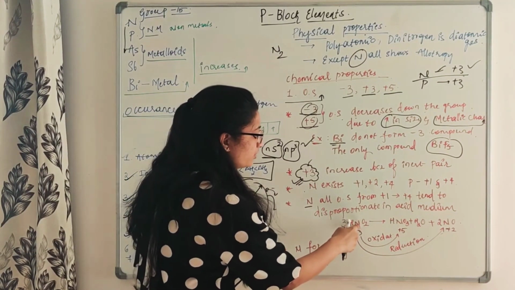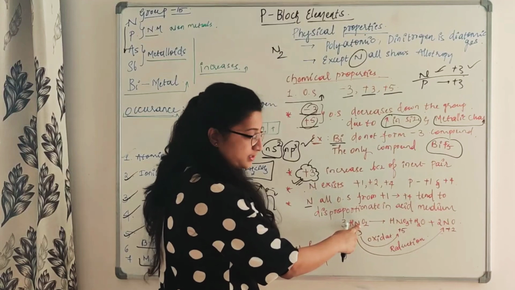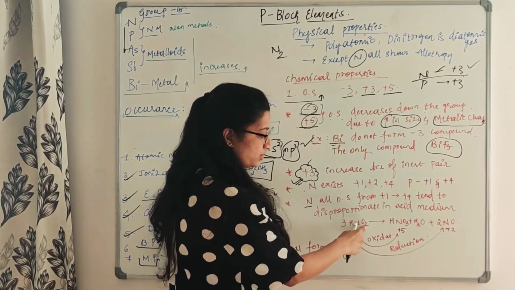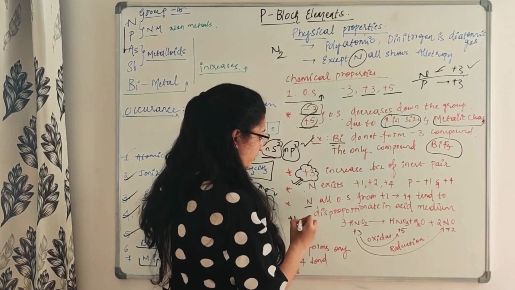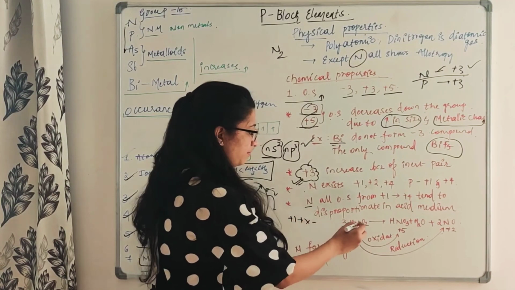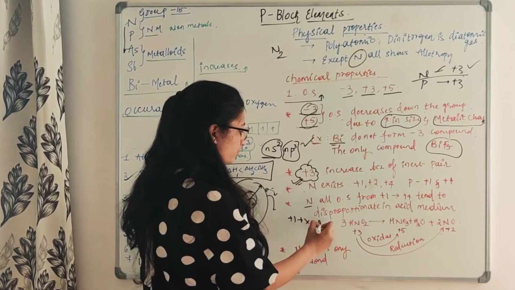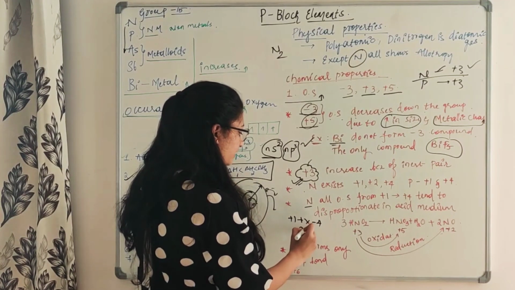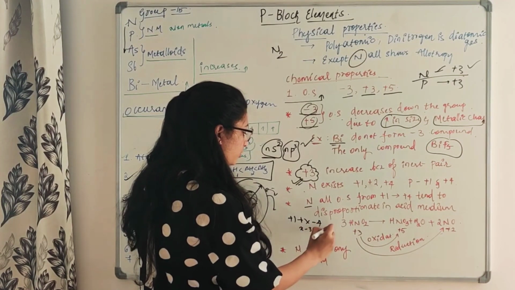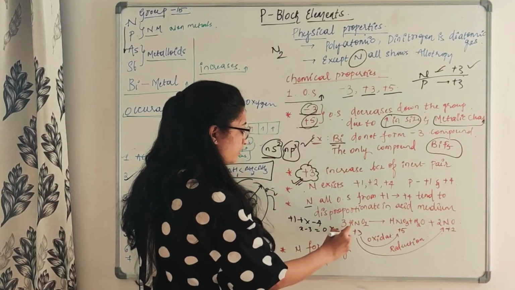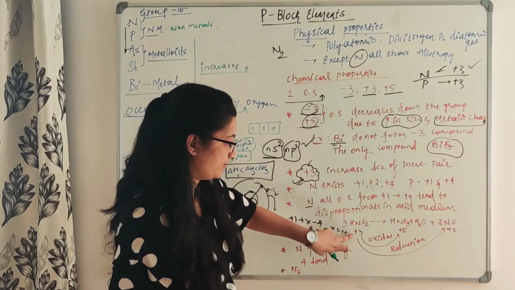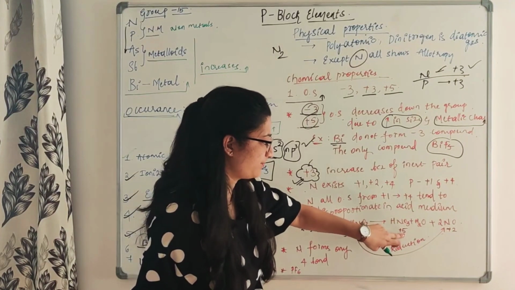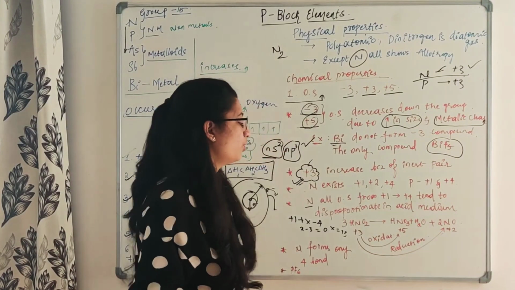Here nitrogen, you take as X, hydrogen +1, oxygen -2. So +1 plus X minus 4 for the two oxygens: X - 3 is equal to 0, so X is equal to +3. Similarly, you can work out the oxidation numbers for the others. Here +3, for this it is +5, for this it is +2.